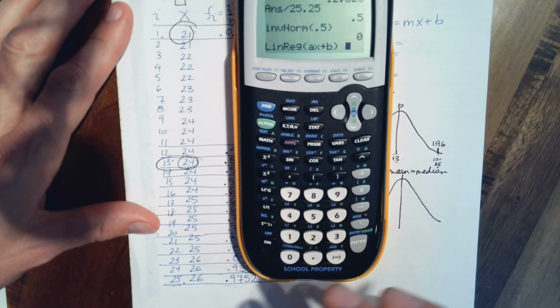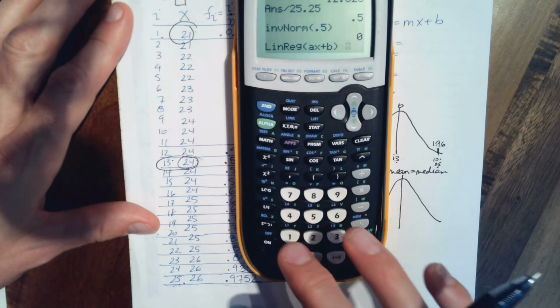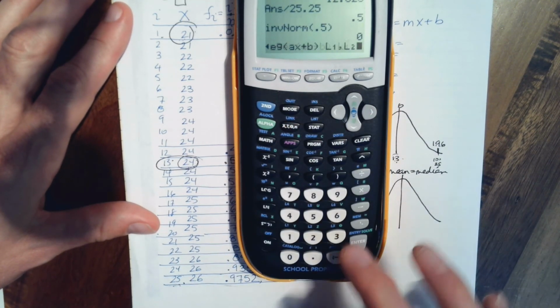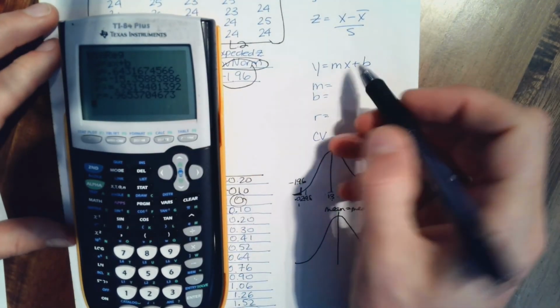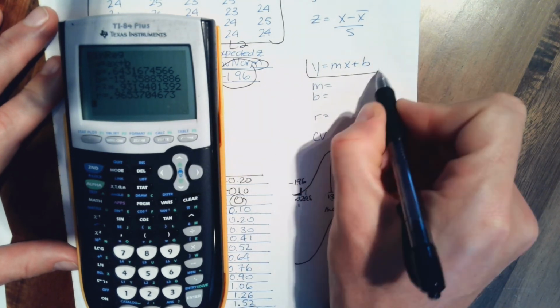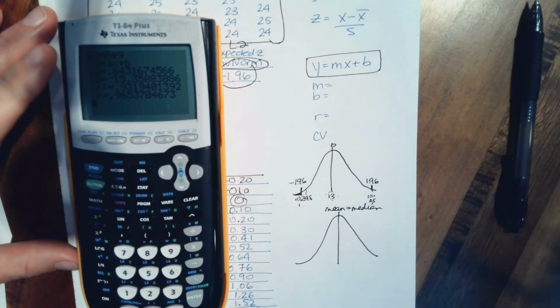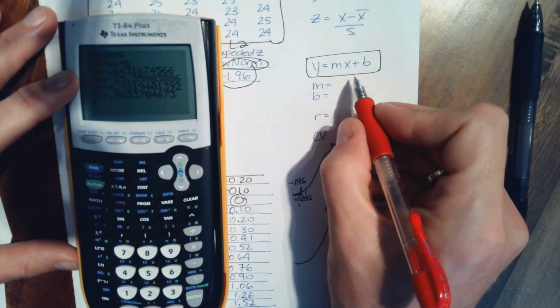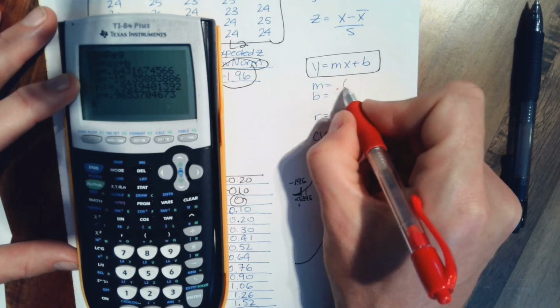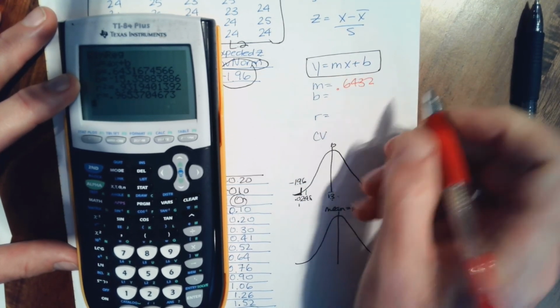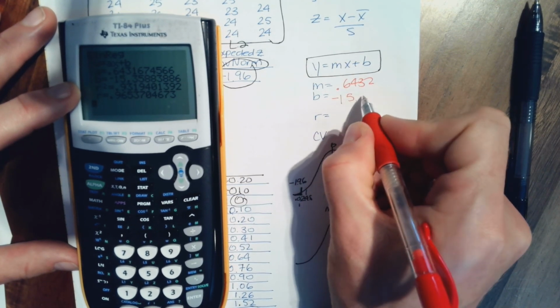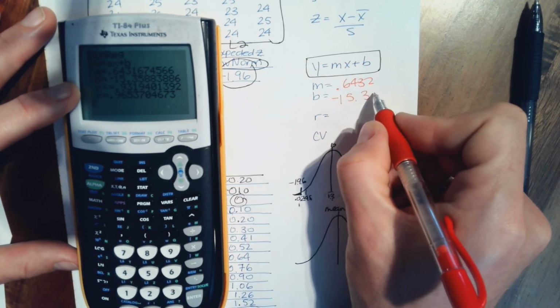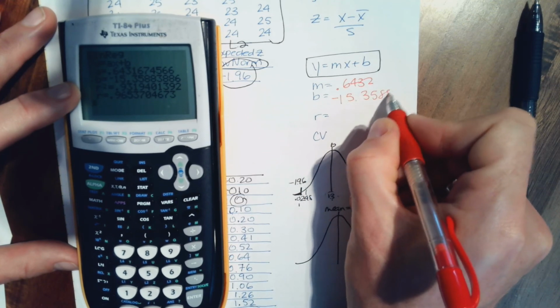So option 4, and I'm using list 1 and list 2, and so I find that my regression equation, the slope is 0.6432, and my y-intercept is negative 15.3588.